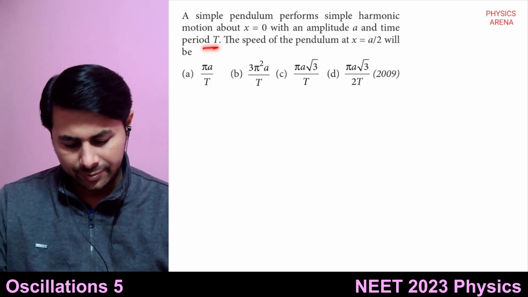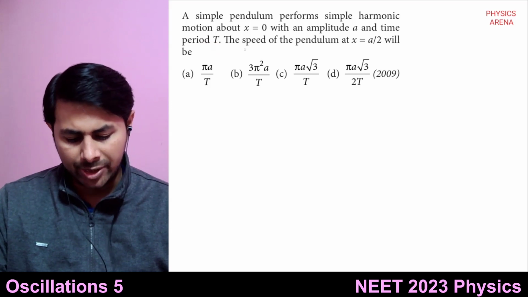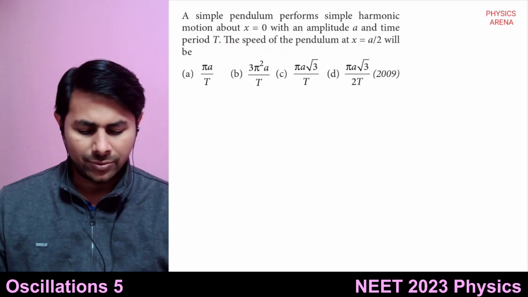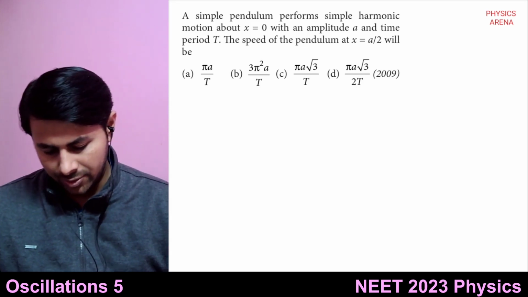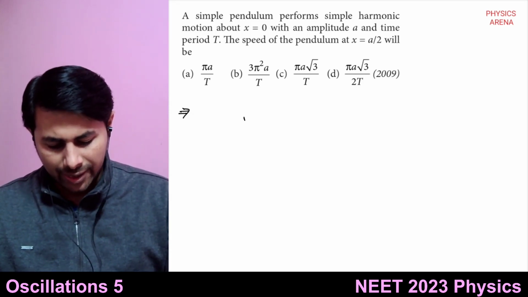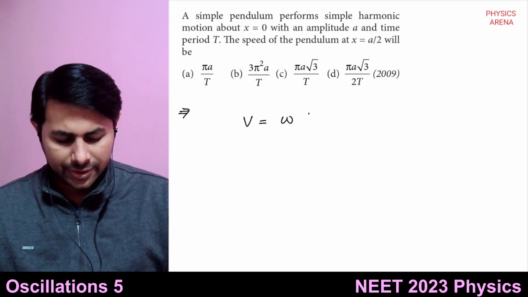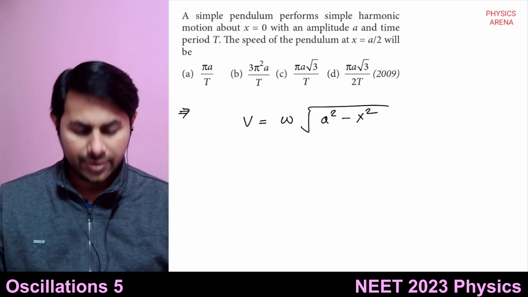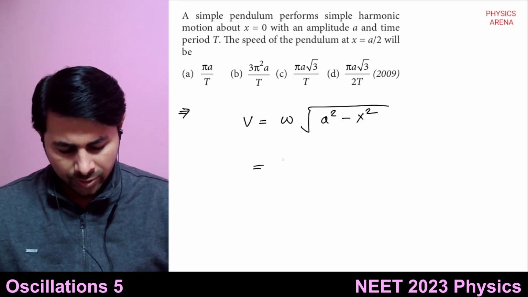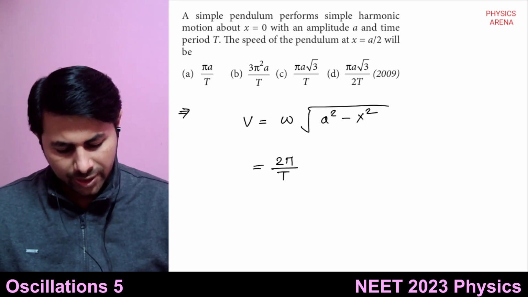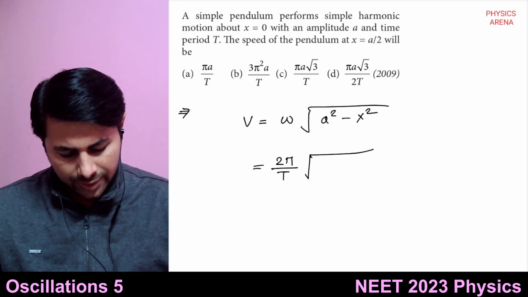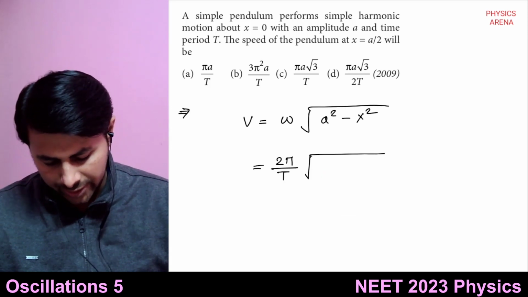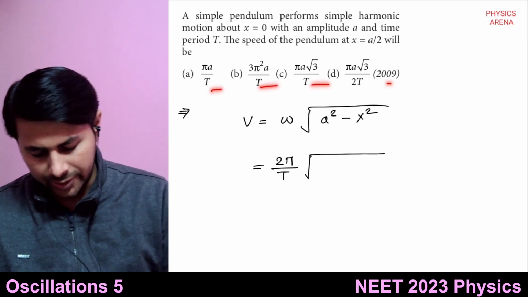A simple pendulum performs simple harmonic motion about x equal to 0 with an amplitude A and time period T. Okay, amplitude is given, time period is given. The speed of the pendulum at x equal to A by 2 will be? So speed is given by omega square root of A square minus x square. Omega can be written as 2 pi upon T, because there is T in all the options.